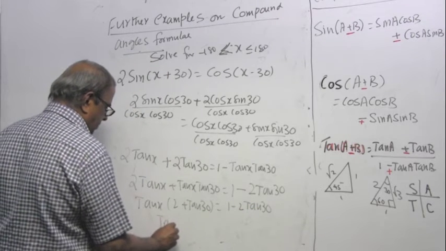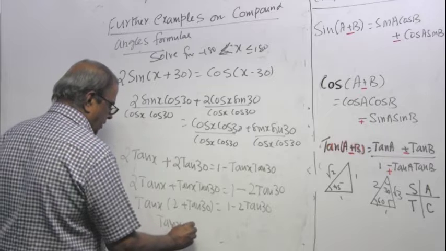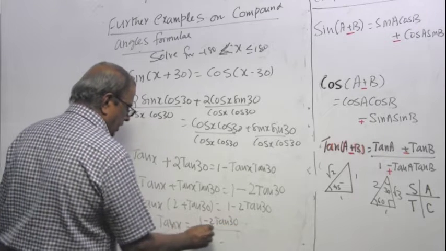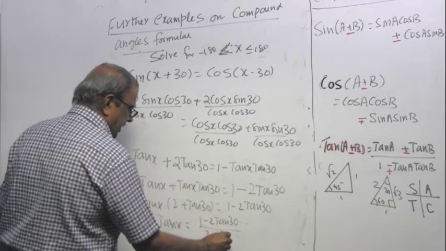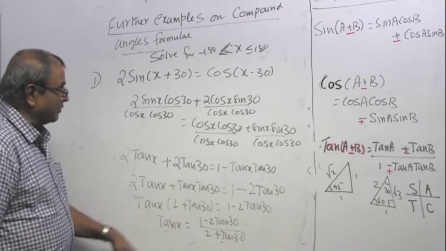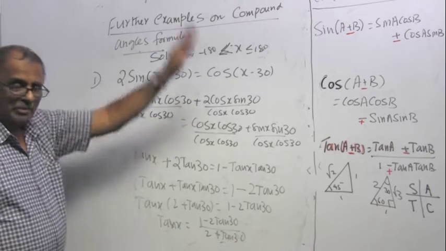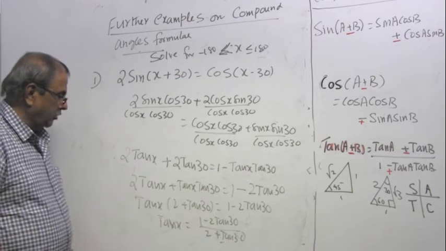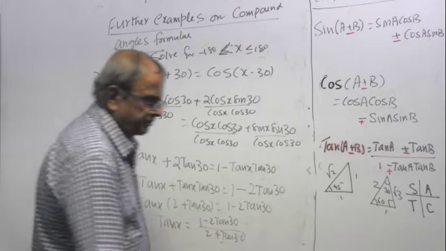So tan x equal to 1 minus 2 tan 30 over 2 plus tan 30. Of course, sometimes they say show that it is root 3 something. But here he just says solve, so you don't have to substitute the values. I can use a calculator.